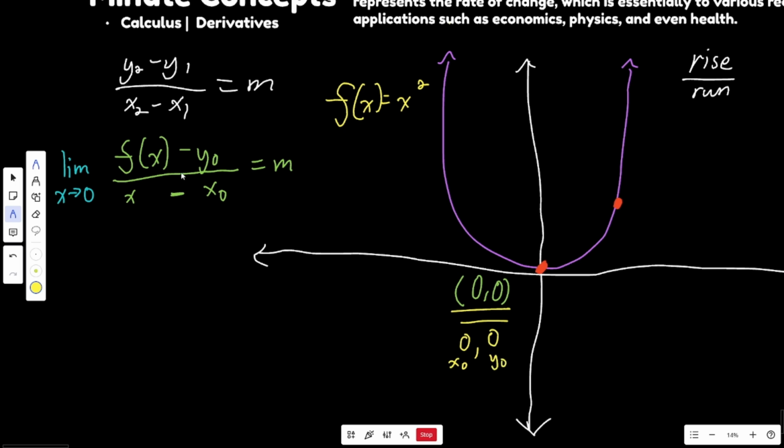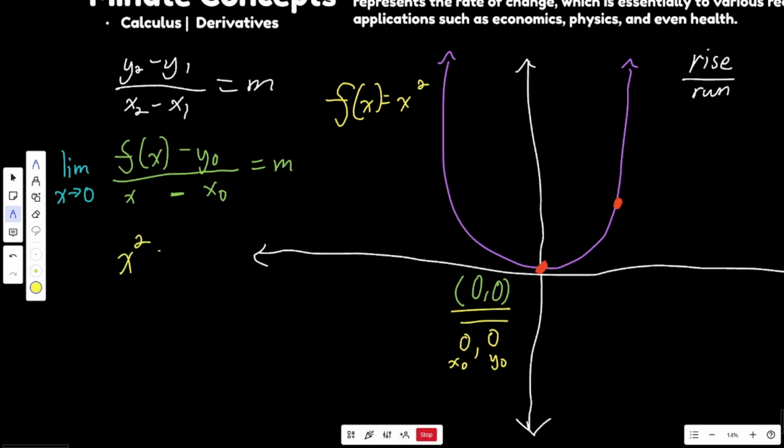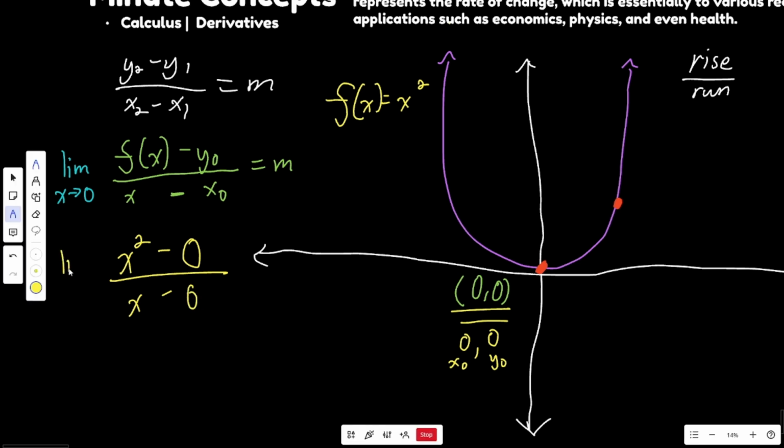So now we'll just replace everything here. F of x is equal to x squared. So we're just going to have x squared here on top minus 0 over x. It's just x because that's our input, minus our desired 0 x coordinate, which is 0 as well. And we're gonna apply limit as x approaches 0.